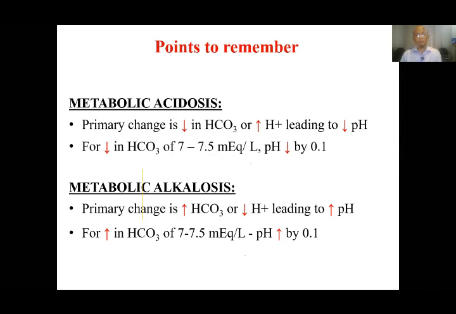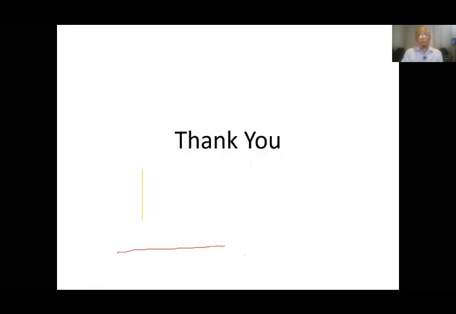In case of metabolic alkalosis, the primary change is in the bicarbonate, that is, bicarbonate level will be increased or hydrogen ion concentration will be less, leading to increased pH. For bicarbonate level, if increased by 7.5 milliequivalent per liter, pH will be more by 0.1. So this is a very important clue if you can remember.